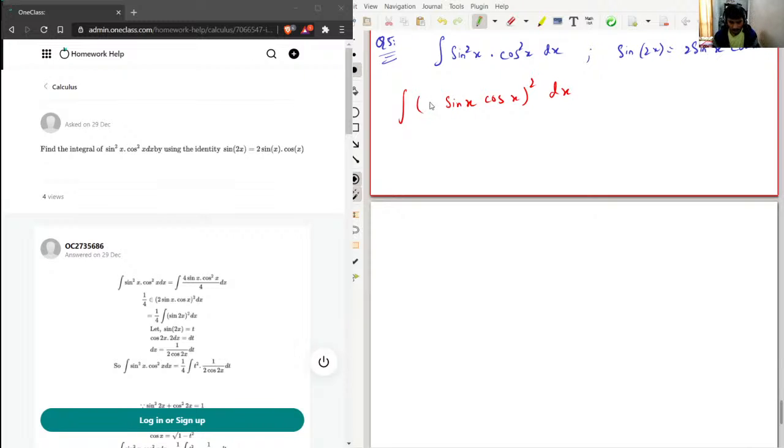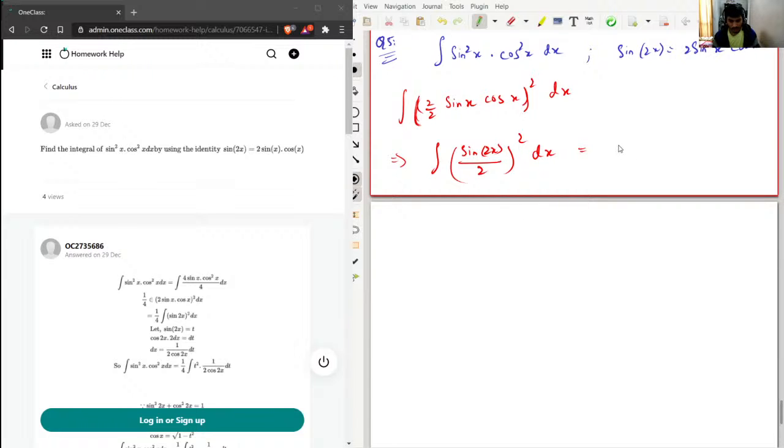Now I will multiply 1 2 here and I will divide 1 2. This whole term is in bracket, and I can use this identity, so I can write in the next step this will be 2 sine x cosine x will be sine 2x, so this will be sine of 2x by 2 whole square dx.